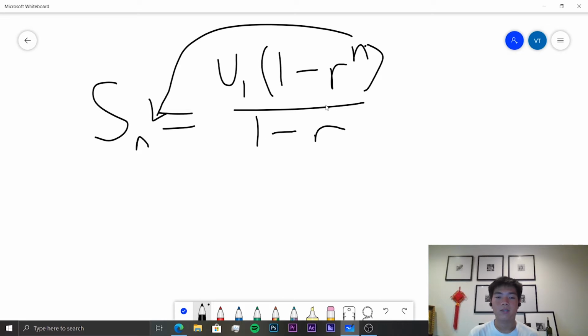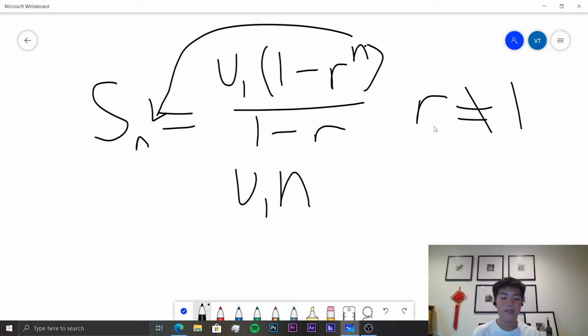And this works as long as r is not equal to 1. If r is equal to 1, the sum will just be equal to u1 times n, because if the common ratio is 1, it means that every single number in the series is the exact same number. And so to get the sum, you just multiply that number by the number of terms you're counting.